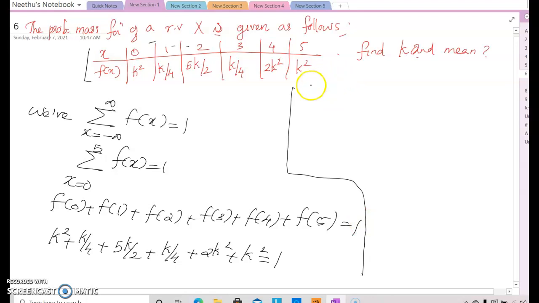On the left side of k square term, k square plus 2k square plus k square, that is 4k square. അല്ലേ, k sorry, ഇവിടെ ഒരു k square plus k square plus 2k square 4k square വരും. നോക്കുക k square plus 2k square plus k square, 2 plus 1 plus 1, that is 4k square.